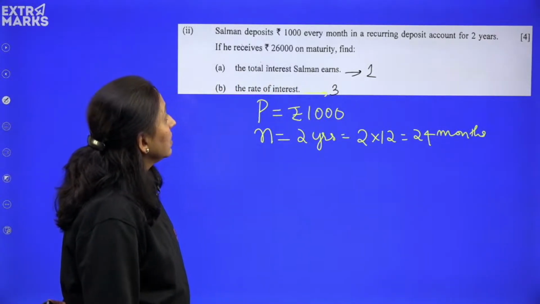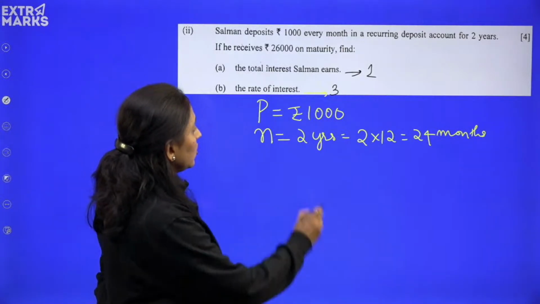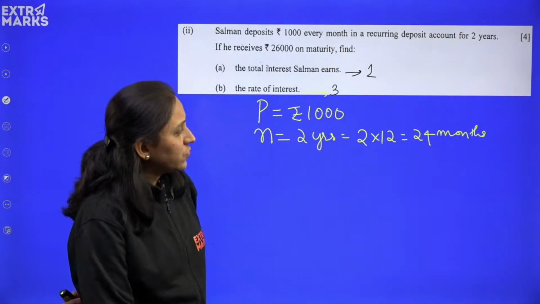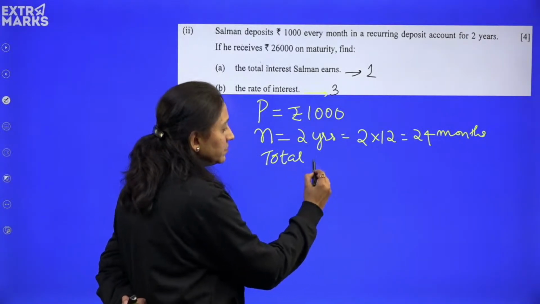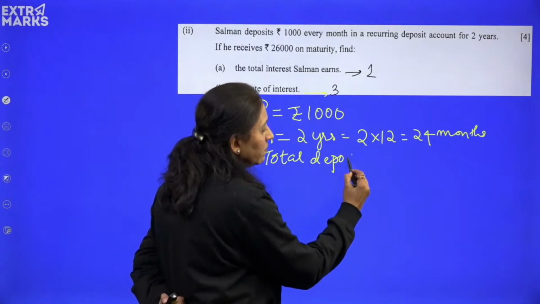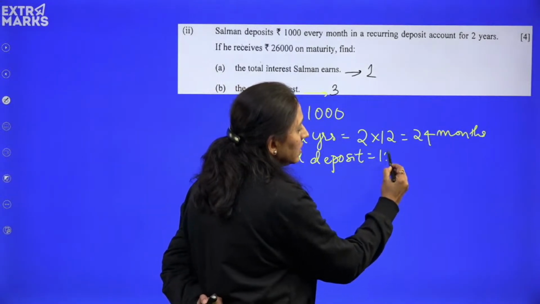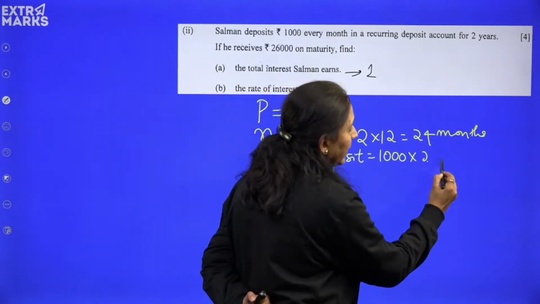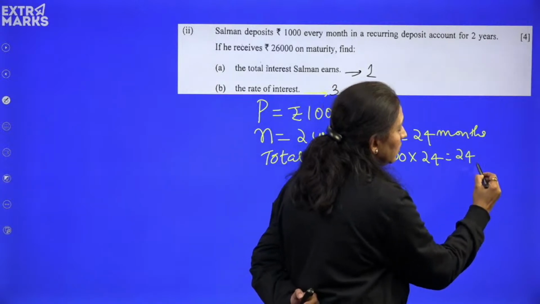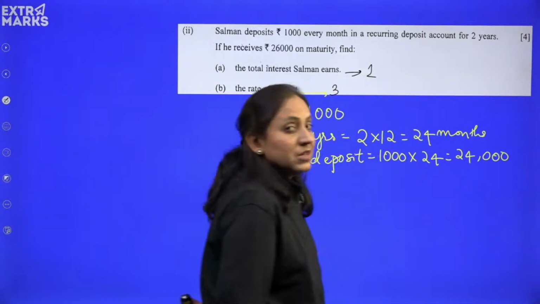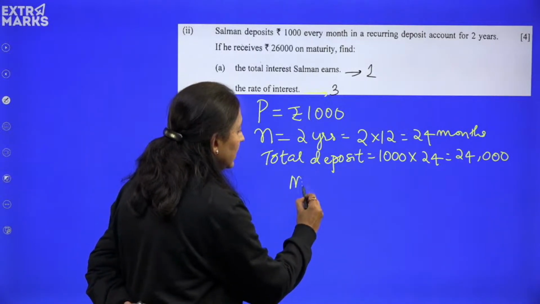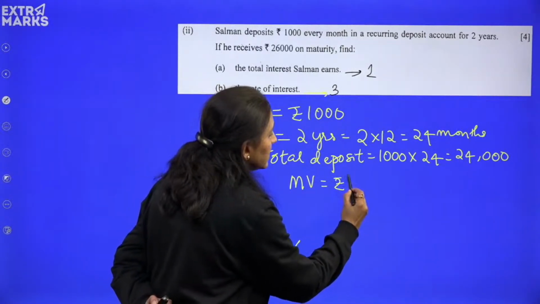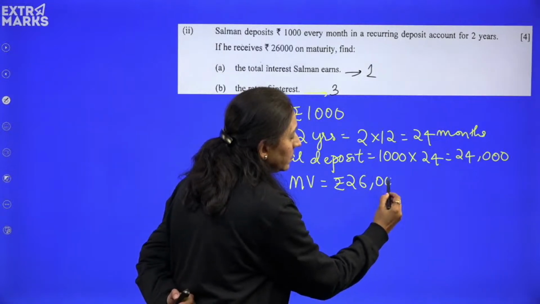Then, if he is depositing 1000 rupees for 24 months, then the total deposit amount is 1000 multiplied by 24, which is equal to 24,000. So this is the deposit amount, and the maturity value he receives is rupees 26,000.